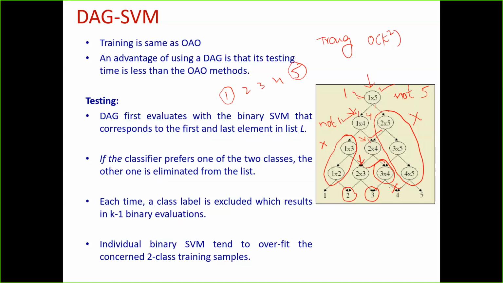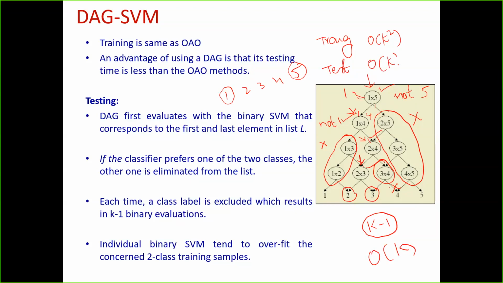So if there are k classes, how many classifiers do we need to check at the time of testing? K into K minus 1 by 2? No, that is for training. Testing it's K minus 1. K minus 1 is order of k, right? The training complexity is order of k squared and the testing complexity is order of k.